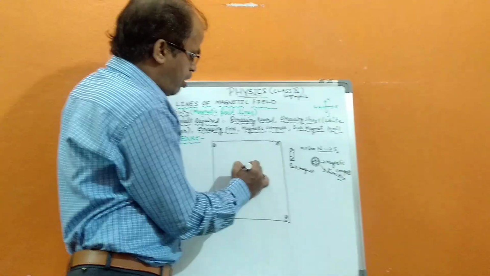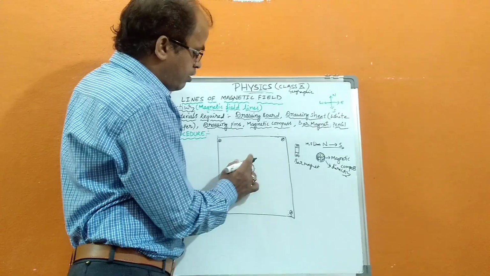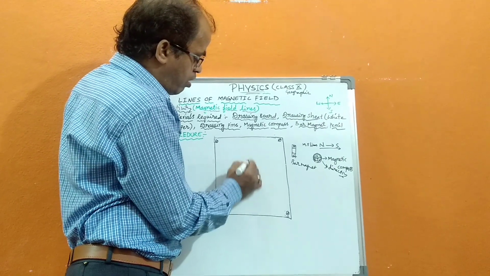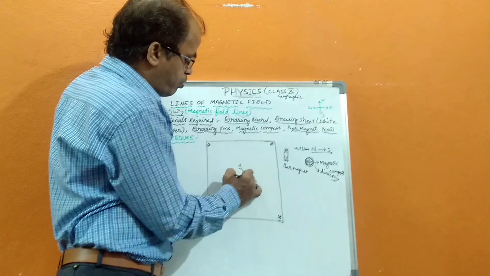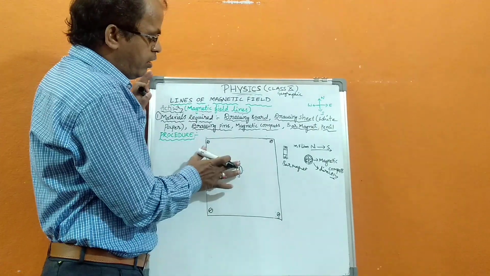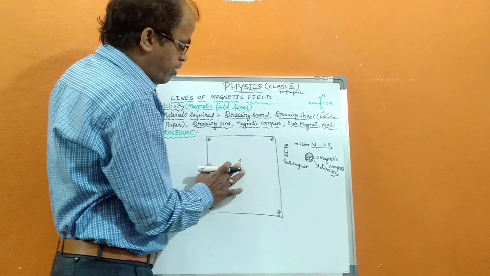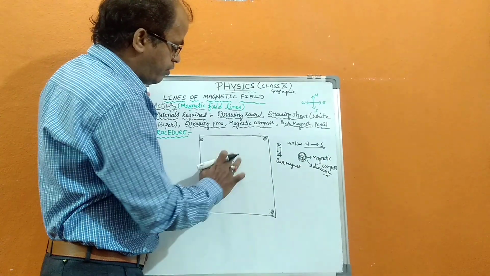We put a dot here, and at the opposite end is the south pole. Now we put the dots, remove the magnetic compass and join the line.